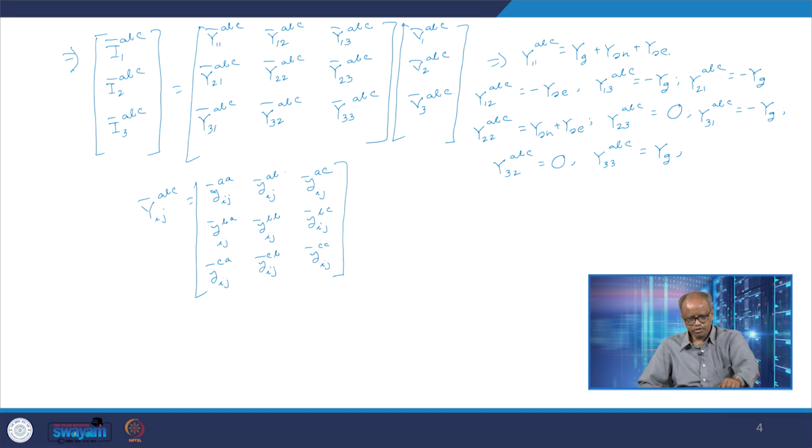So then therefore here it will be y11 a, so the first row would be y11 aa, y11 ab, y11 ac, then it would be y12 a, y12 ab, y12 ac, then it would be y13 a, y13 ab, y13 ac, right. So that's how it will go.